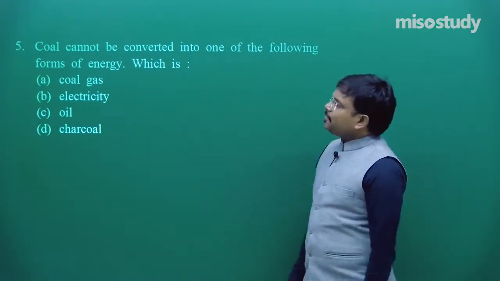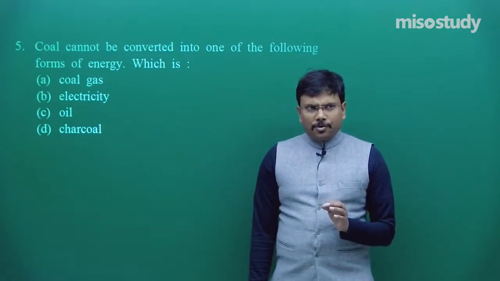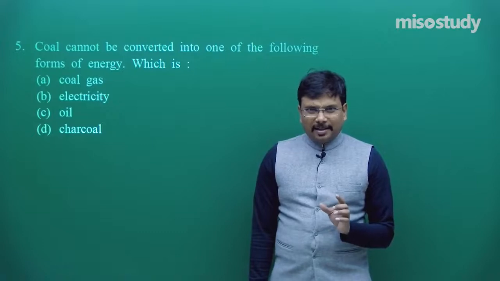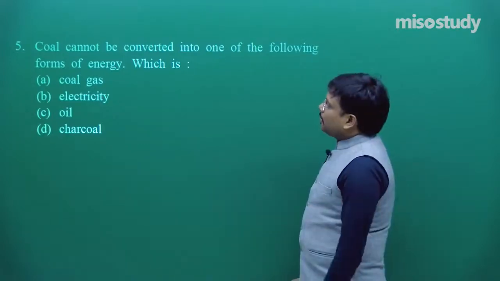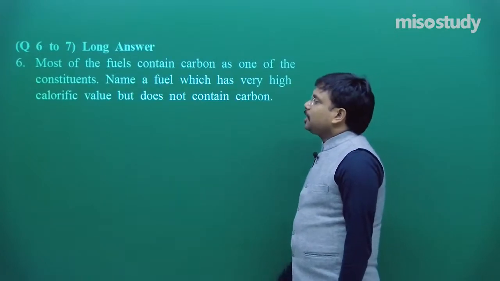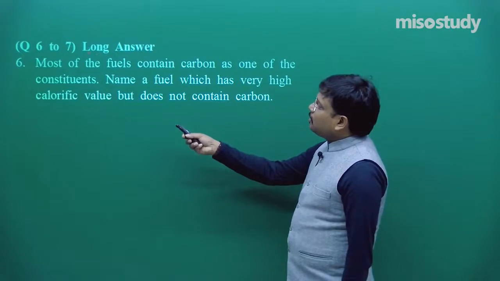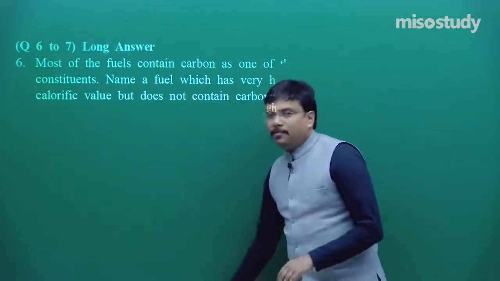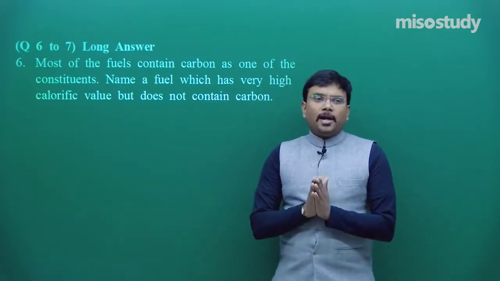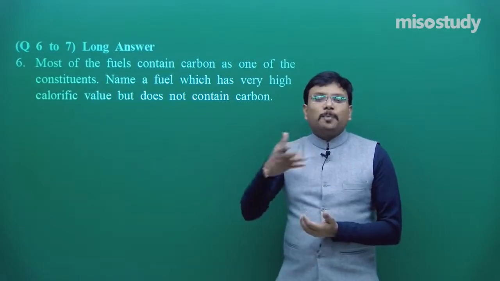So, these were, you can say, simple questions. Few questions may force you up to some extent to think like that, fine. Then comes question number 6. Now, the instruction for question number 6 and 7 is long answer. Basically, my idea was for long answers where you have to write down 4 or 5 lines to explain something.